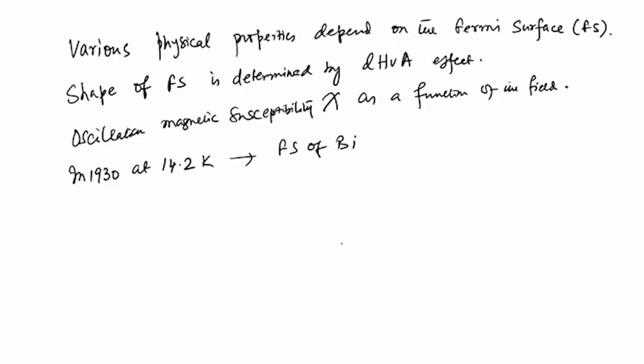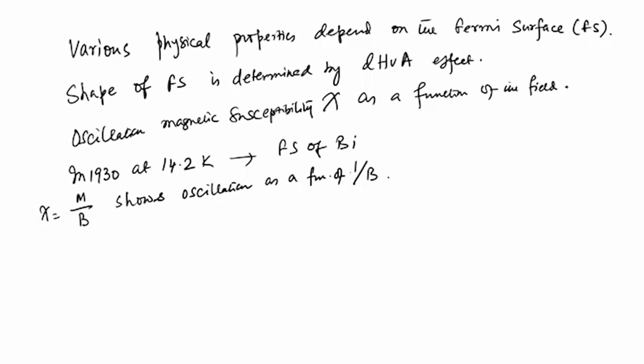And so, just to tell you a priori that M over B shows oscillations, the magnetization over field, this is called the susceptibility. So, chi is equal to M over B, and it shows oscillations as a function of 1 over B, where B is the magnetic field.